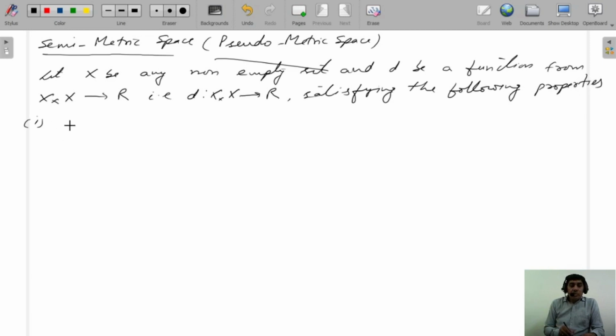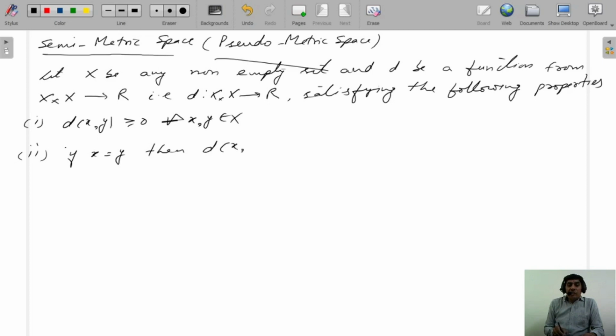First property, d(x,y) is greater than or equal to 0 for every x, y belongs to capital X. Second, if x is equal to y, then d(x,y) is equal to 0. Third, d(x,y) is equal to d(y,x) for every x, y belongs to capital X, that is symmetric property.